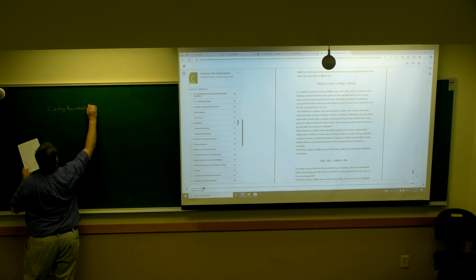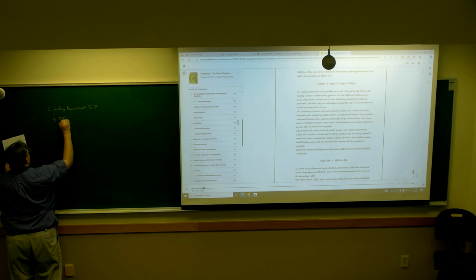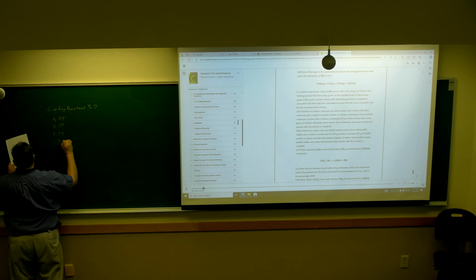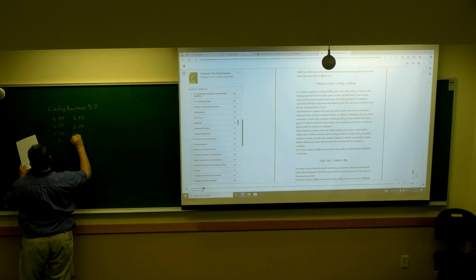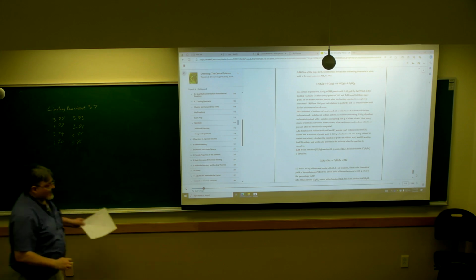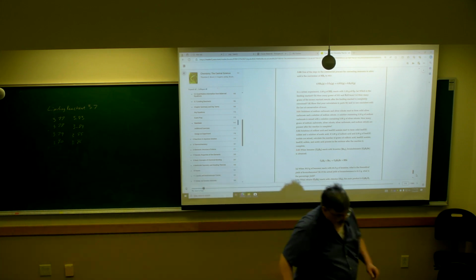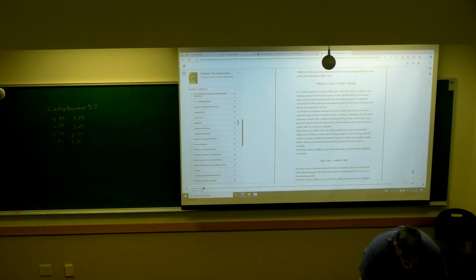Limiting reactant section 3.7, and the problems I'm looking at are how I solved those. Those are the ones I'm looking at in the back of the chapter. Hopefully, I have listed good ones to do.